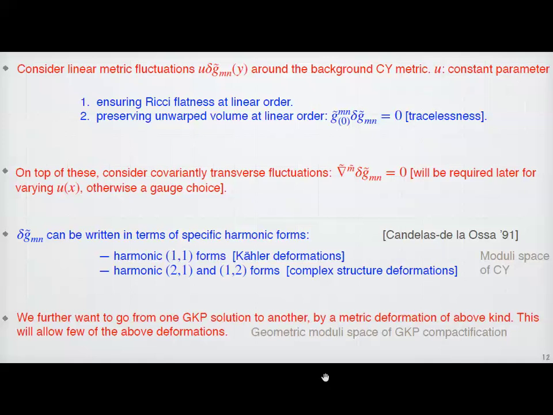When we study these deformations, we further want to go from one GKP solution to another, because we want the deformed 10D system to solve the 10D equations of motion at linear order. Because of that, this kind of deformation will allow only a few of them. Those are the moduli space of GKP compactification.